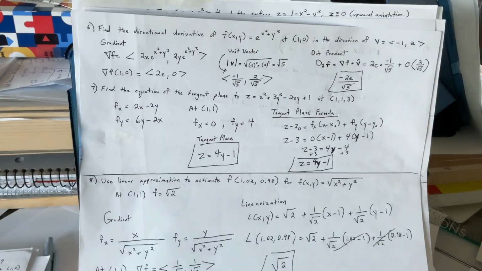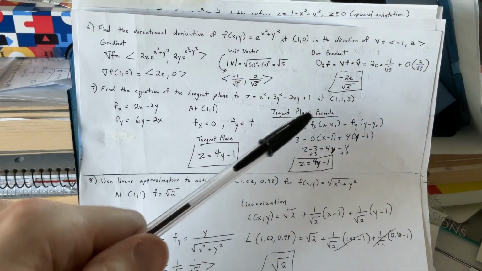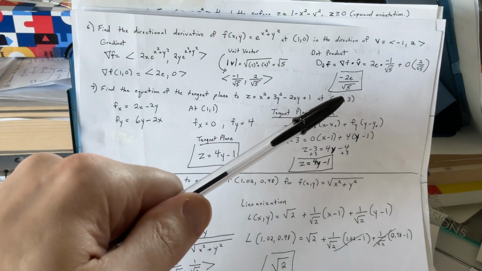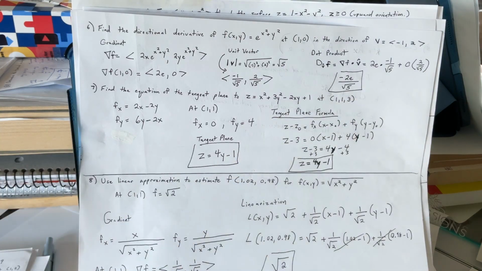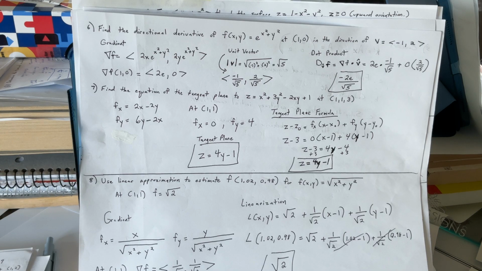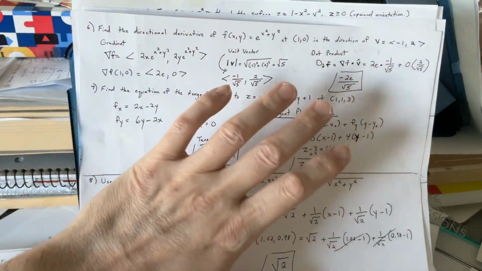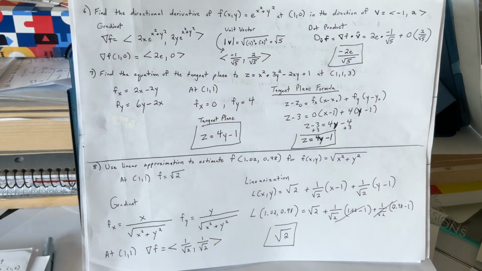So you're going to get z minus 3, because here's x naught, y naught, z naught. Z minus 3 is 0 times x minus 1 plus 4 times y minus 1. And it's going to simplify to z equals 4y minus 1. There's your equation of the tangent plane. So these first 6 you should be able to hopefully fly through, especially if you reviewed.